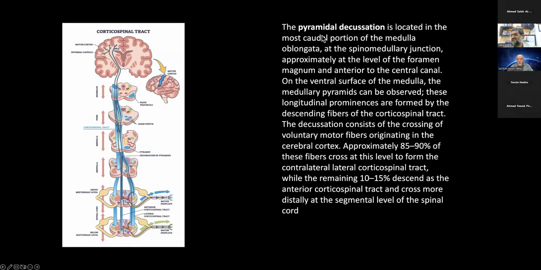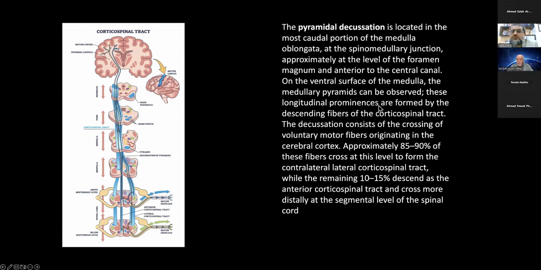anterior corticospinal tract. The pyramidal decussation is located in the most caudal portion of the medulla oblongata, at the spinomedullary junction, approximately at the level of the foramen magnum and anterior to the central canal. On the ventral surface of the medulla, the medullary pyramids can be observed.